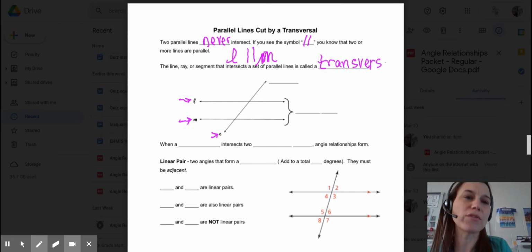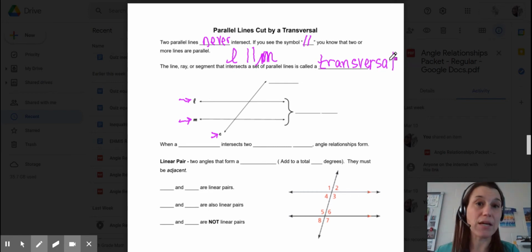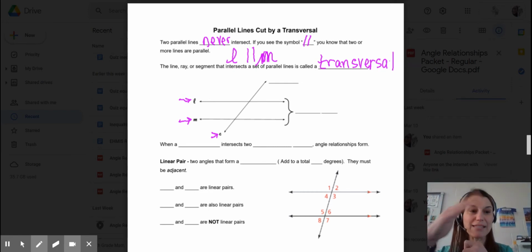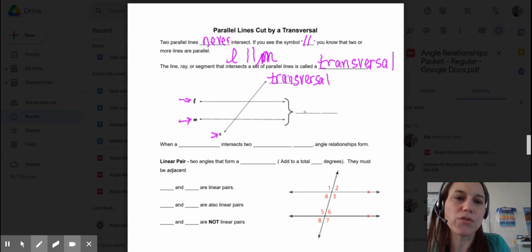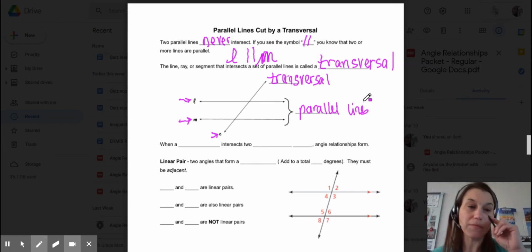This is called transversal, and that's how you spell it, which is the name up there. So now you can see that it's parallel lines cut, intersected by a transversal. So this right here is your transversal that's intersecting these two parallel lines.